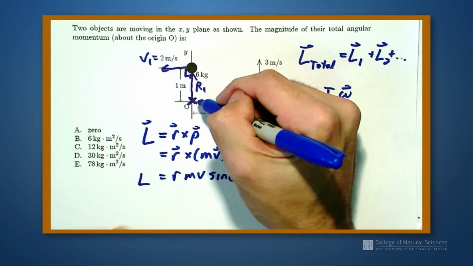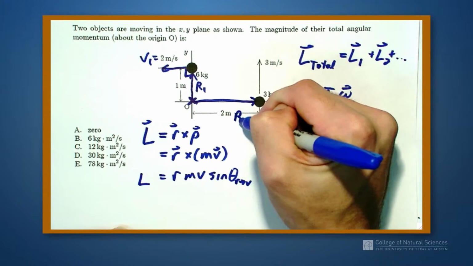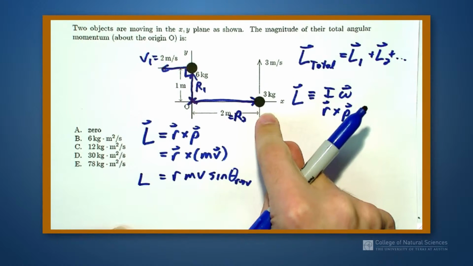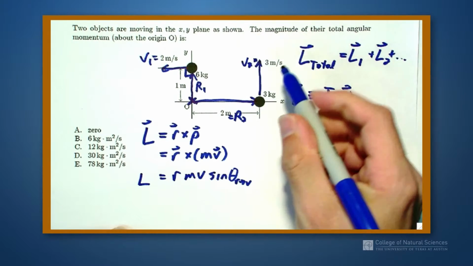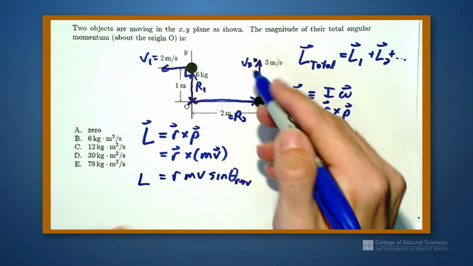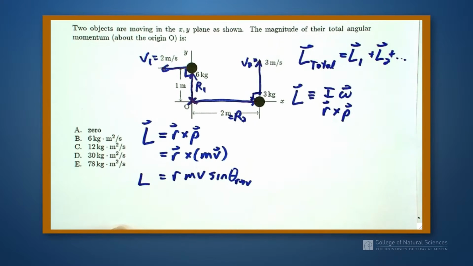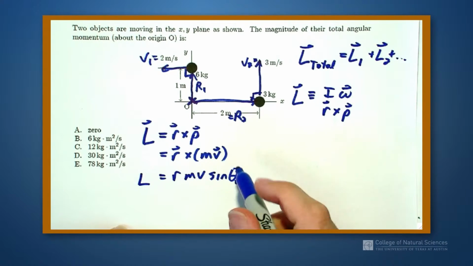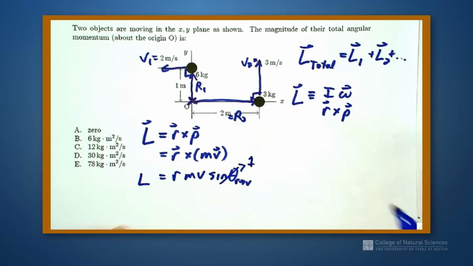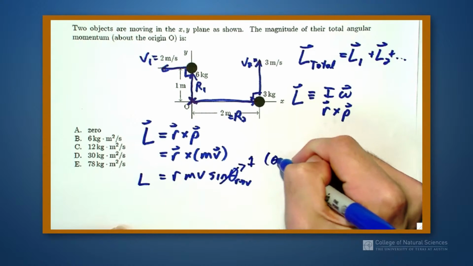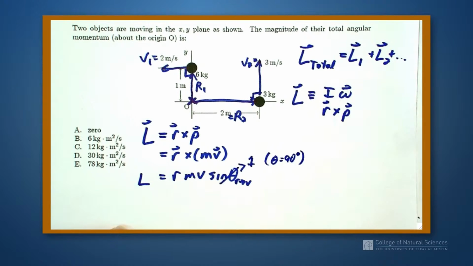That makes it nice. Same thing over here. r2 points in this direction, v2 points straight up, and again they have a mutual angle of 90 degrees. So in both cases, the sine reduces to a value of 1 because theta is 90 degrees.